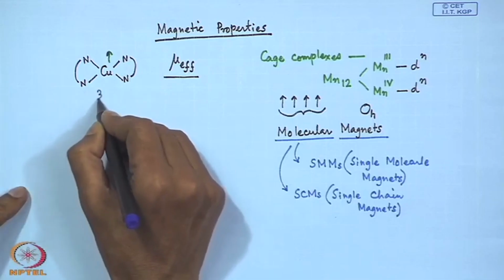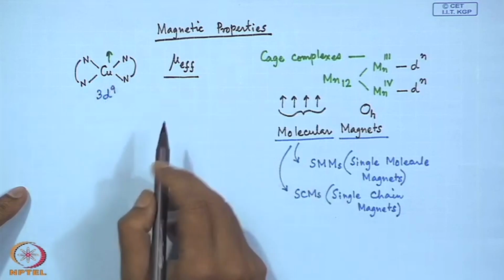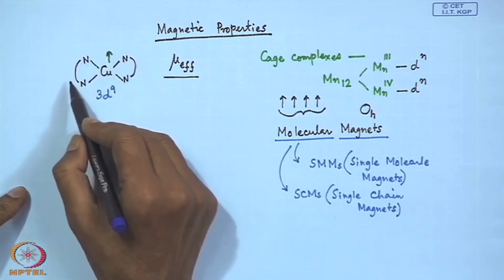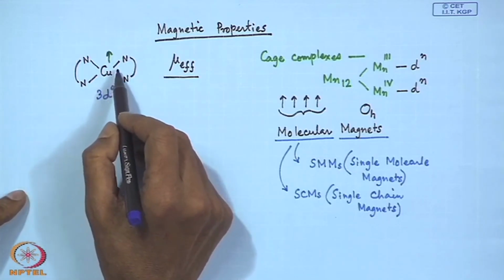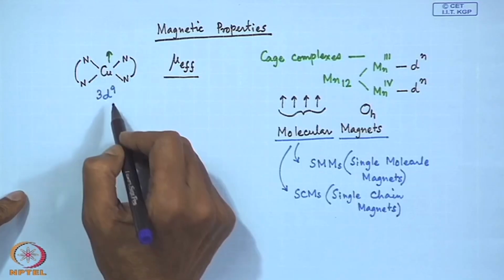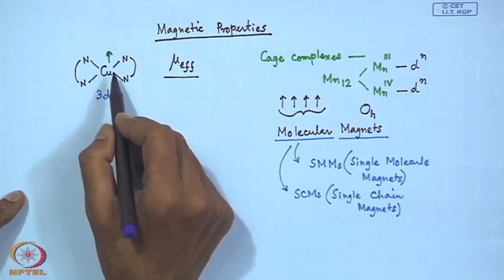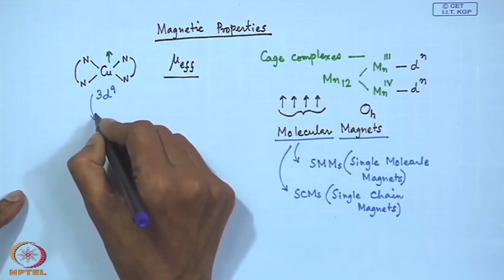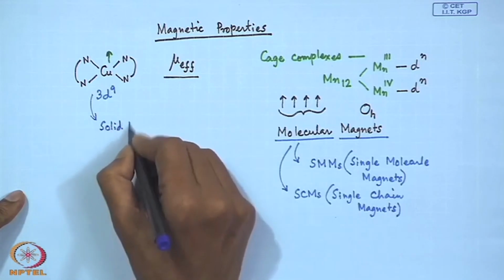We all know that this is a 3d9 system, and whatever coordination environment or geometry we put around the copper ion, in a four coordinated system, either tetrahedral or square planar, we basically get the corresponding magnetic moment that we can measure in the solid state if we can get this compound as a powdered solid.